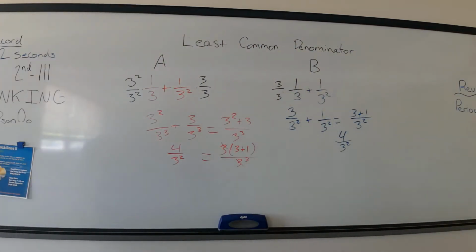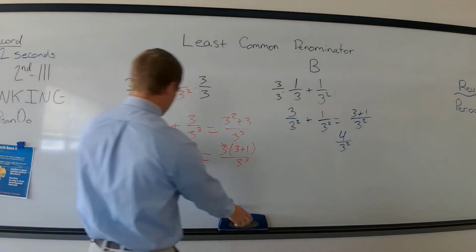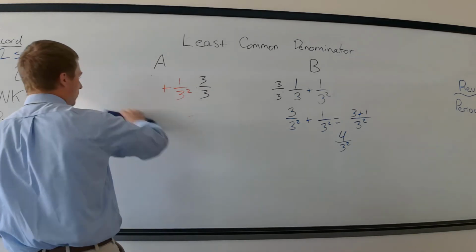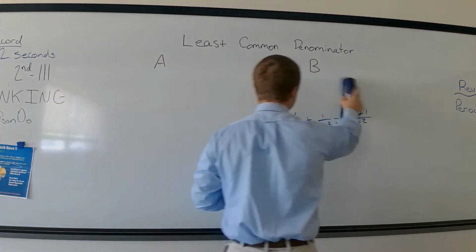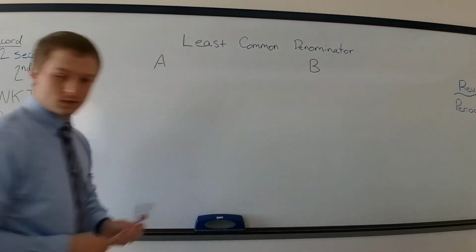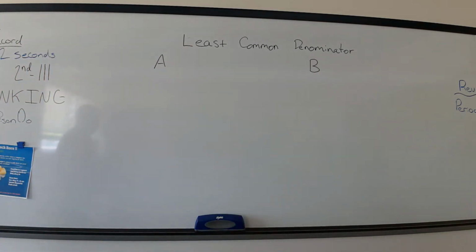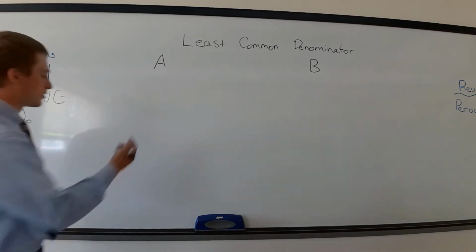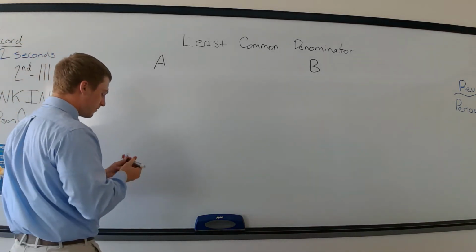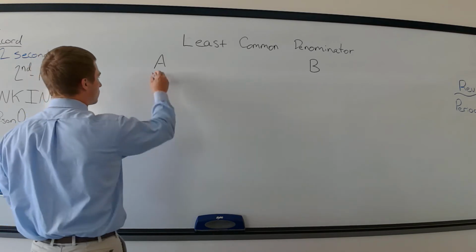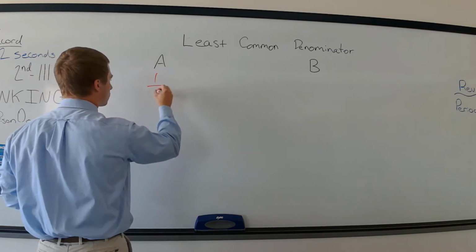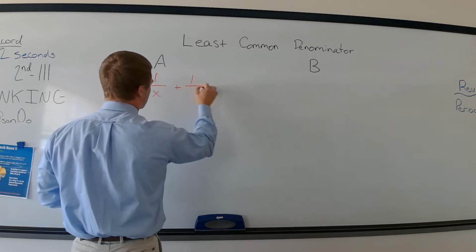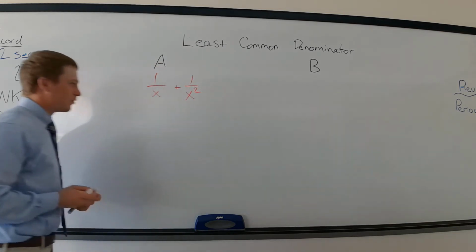So this is with just numbers here. If we throw in some variables, that's what we'll be working with when we do some rational expressions and rational functions. And we'll do each method for each one. So say I have a desire to add one over x plus 1 over x squared.